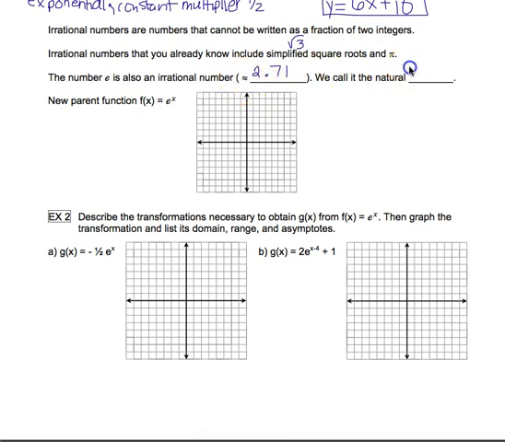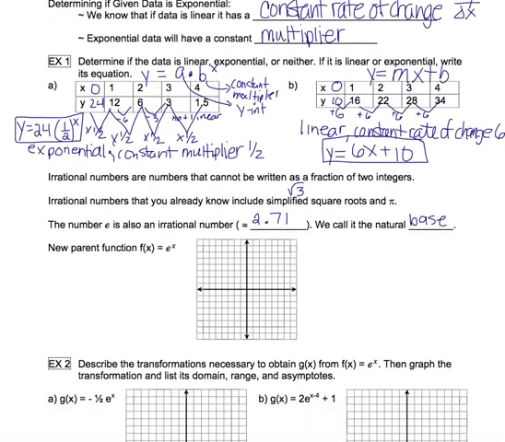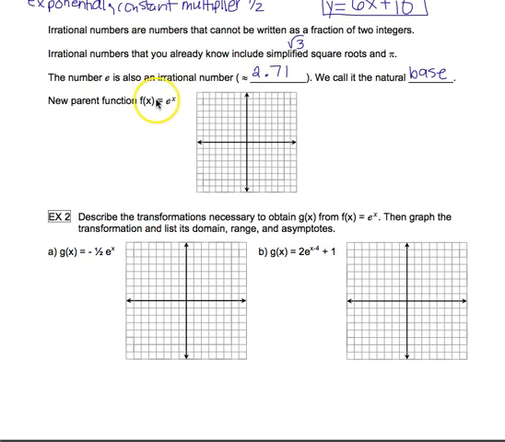We call it the natural base, hence the title of this section being natural base exponential functions, because our new parent function for our transformations in this section is going to be f of x equals e to the x. So we always have, when we do these graphs, a parent pattern.